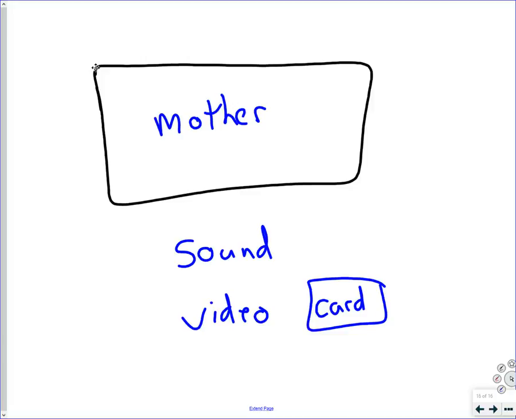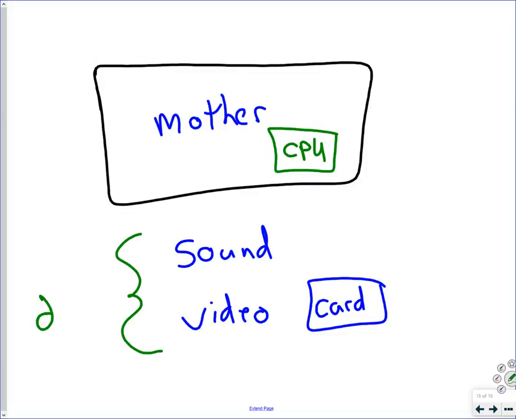A video board supports the motherboard. Why? What's so important about the motherboard? What's sitting on the motherboard that makes it important? The CPU. So that's the main brain. The motherboard's in charge. All of these can also be called, the term we use, daughter boards.